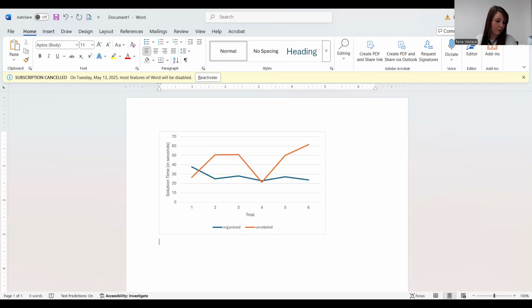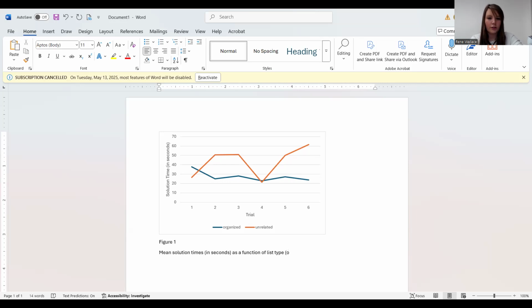So my caption is going to be Figure 1. Under that, I'm going to put mean solution time in seconds as a function of list type, and then say what those list types are.